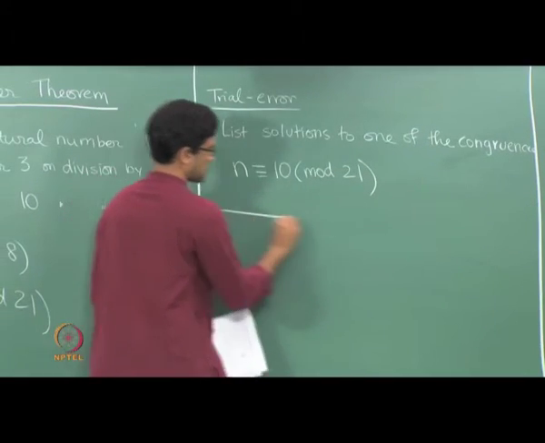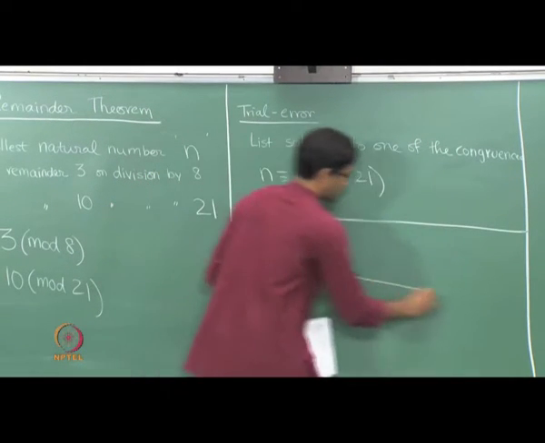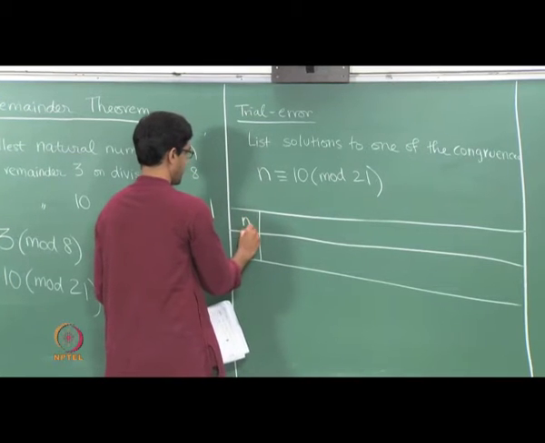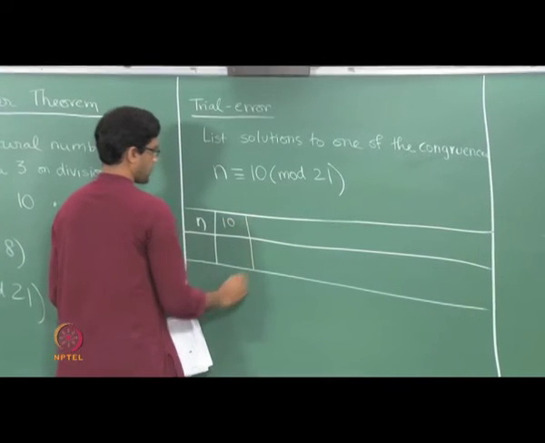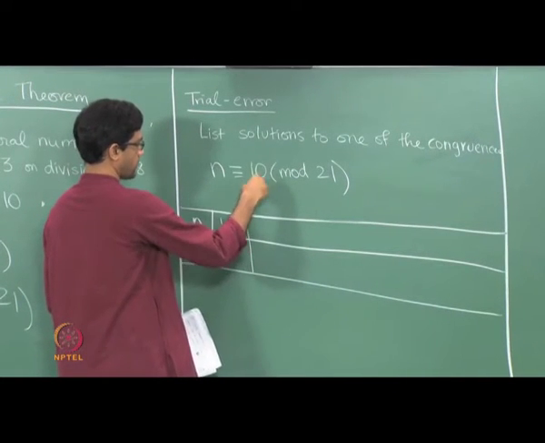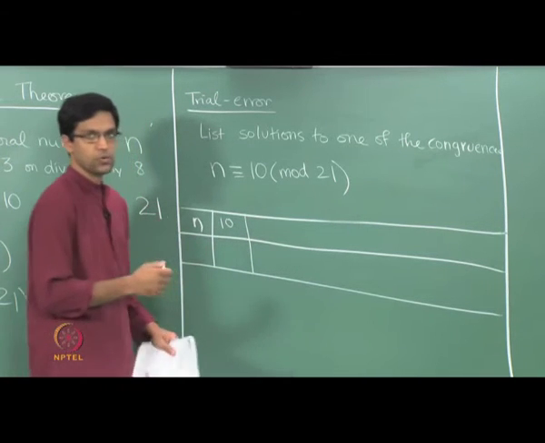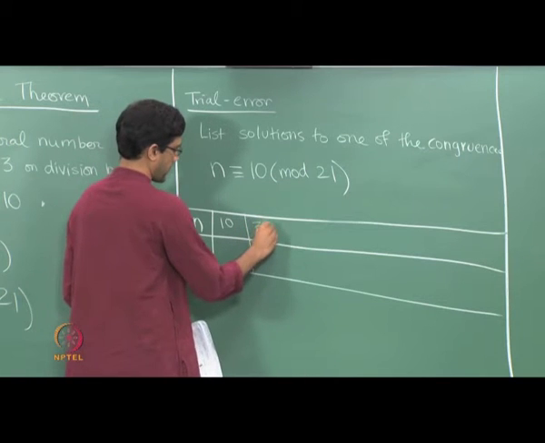So recall from last time, this just means the following. Let me write down some values of n here. I'm only looking for natural numbers, so n equals 10 is one possibility. And then since it needs to be congruent to 10 mod 21, all you need to do to get the rest of the solutions is to keep adding multiples of 21. So I have 10, I add 21 to it, I get 31.